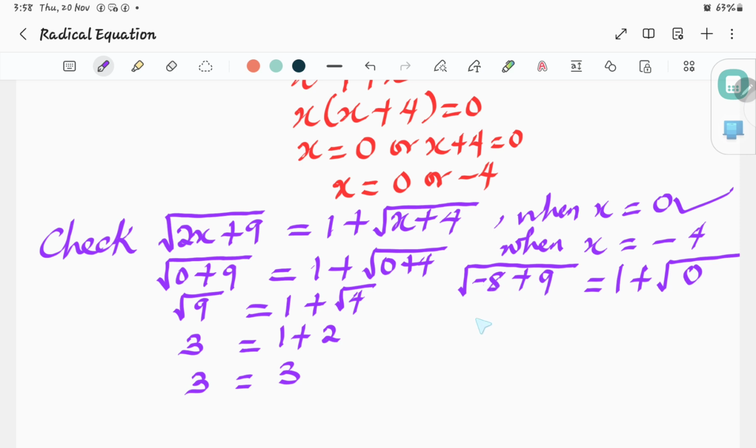So negative 8 plus 9, that's going to give you 1, equals 1 plus the square root of 0. So the square root of 1 is 1, equals 1 plus the square root of 0, which is 0. So that is 1 equals 1. So our two values are absolutely correct.